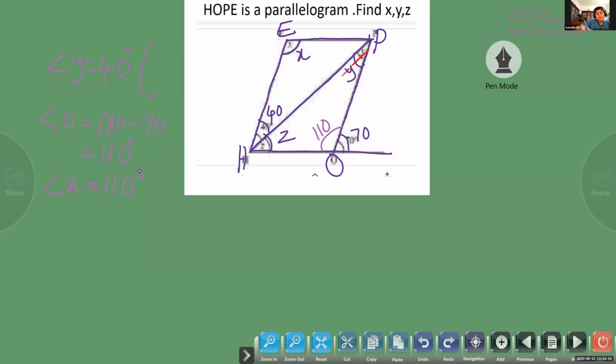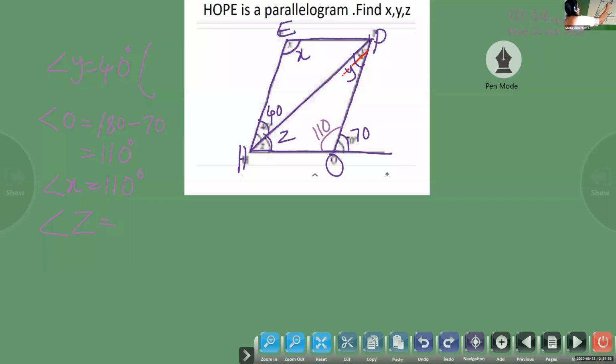Now, one more thing we have to find. What's that? Z. We have many ways to find Z. By any way, find it. Ma'am, can we find it by linear pair? No, we cannot use linear pair. Why?